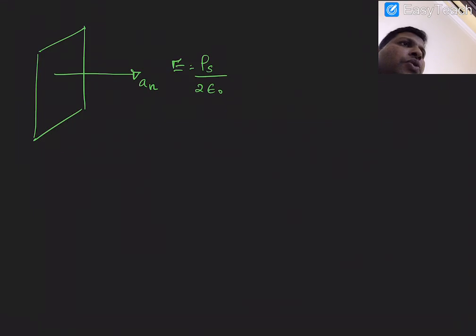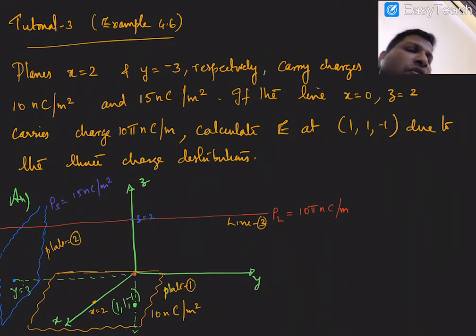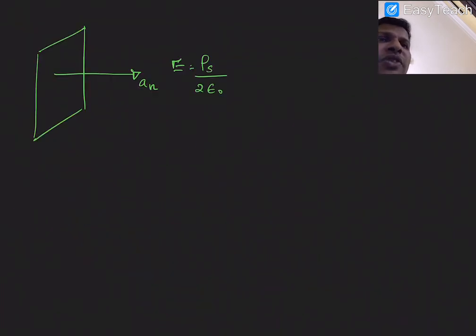I will label the sheets: this is sheet number 1, this is sheet number 2, and this is the line, number 3. So this is the electric field intensity due to a sheet of charge.